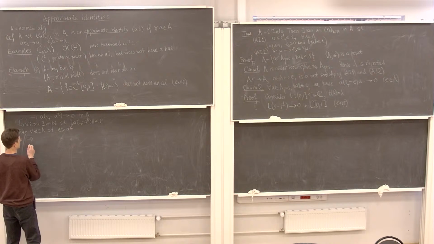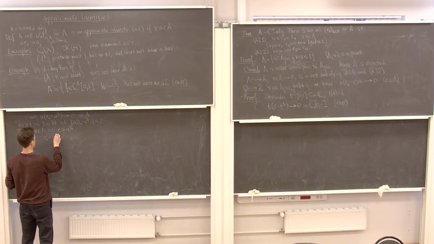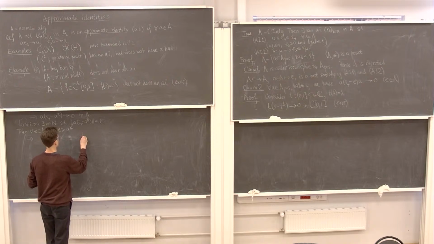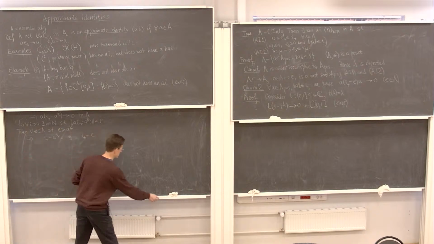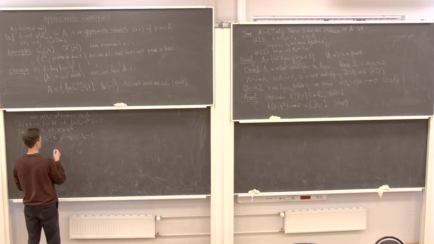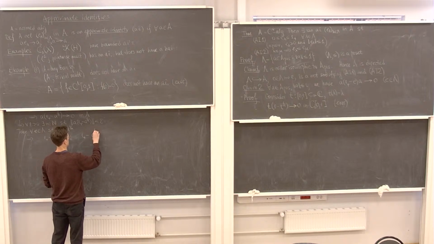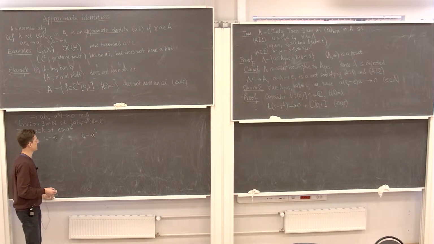And we observe that then, of course, 1 minus A to the power 1 over n is less than or equal to 1 minus E. Oh, sorry, just the other way around. 1 minus E is less than or equal to 1 minus A to the power 1 over n. Yes, this is true.